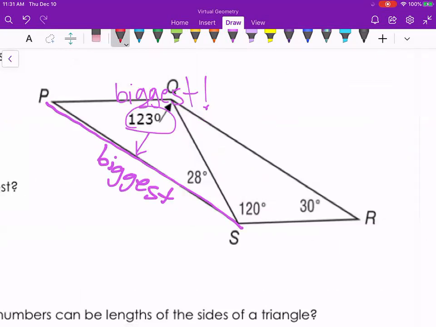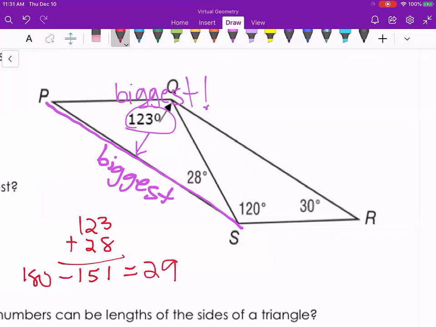All right, so for the triangle on the left, every triangle makes 180. So we've got 123 plus 28 is 151. Take that out of 180, and I get 29.